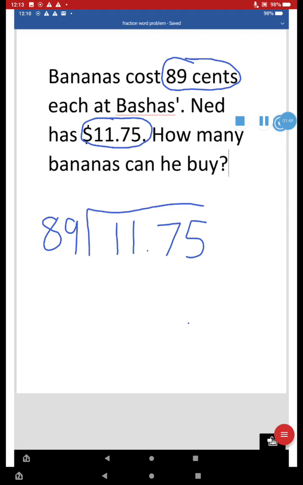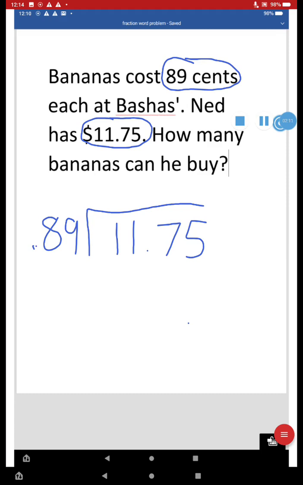All right, now when I'm working with this, I need to remember 89 cents tells me how many pennies he has, right? Which means I need to put a decimal point in front of the 89.